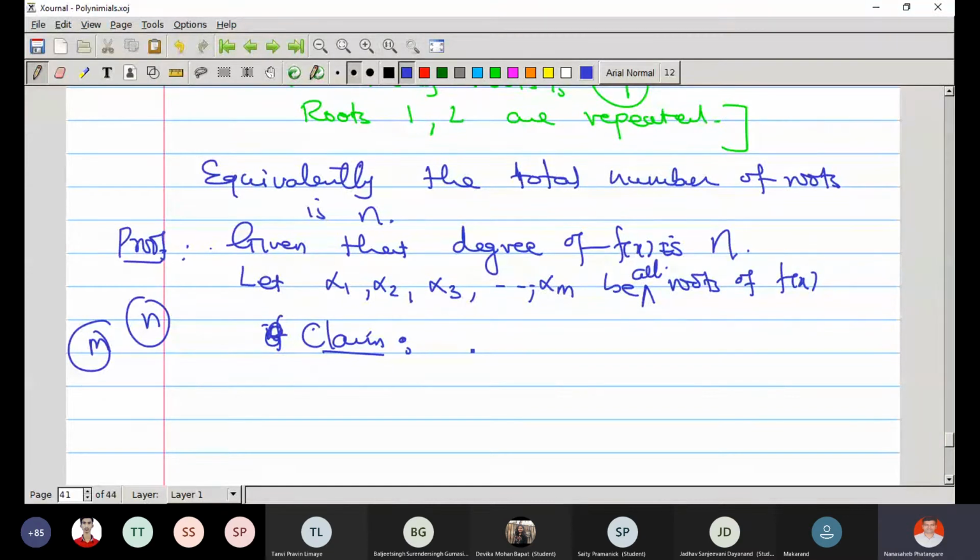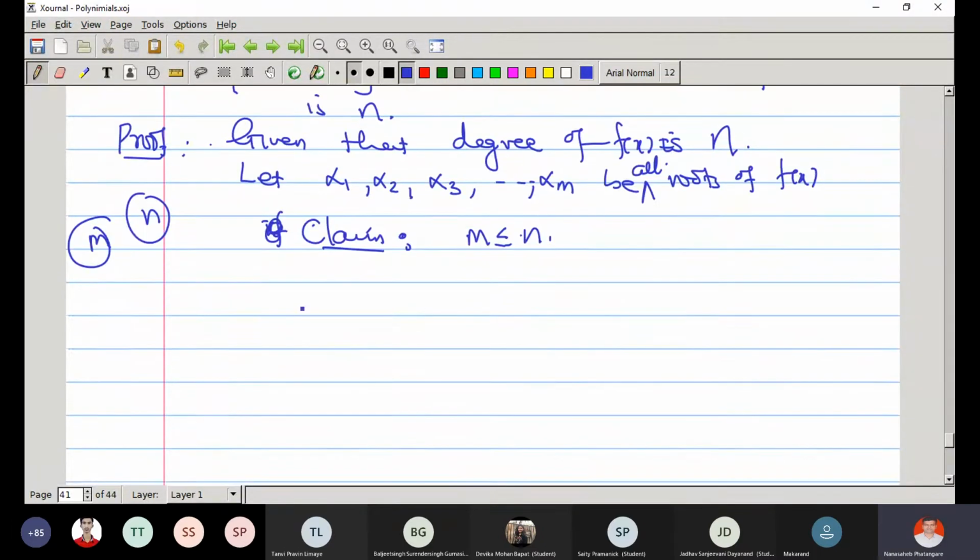Fine. On the contrary, assume that m is greater than n.